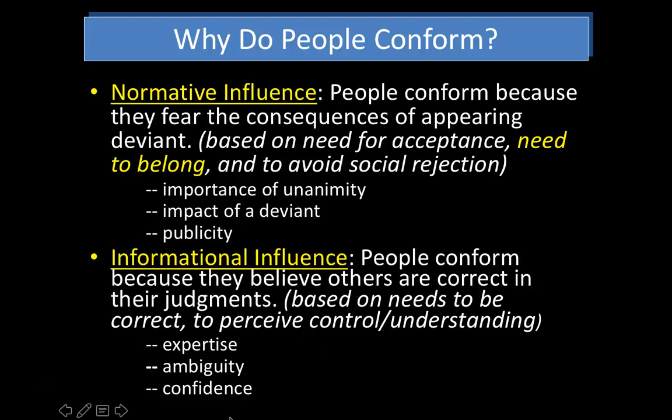That bespeaks informational influence. Why? Because when you don't have much confidence and the task is ambiguous, you need information to help you make your decision, or at least you perceive you do.